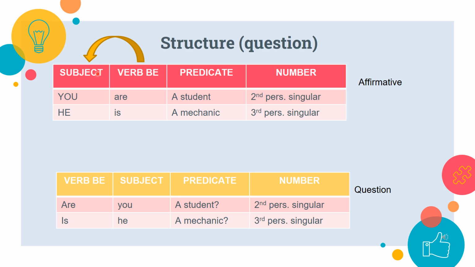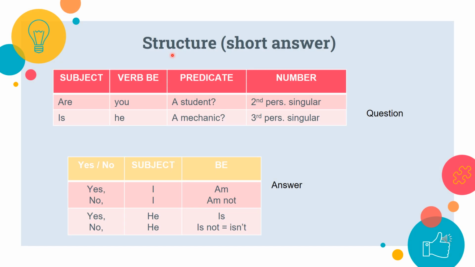We have subject and verb, and to make a question, we change the position. Here we have the verb be, and here the subject. The predicate is the same, and we finish with a question mark.